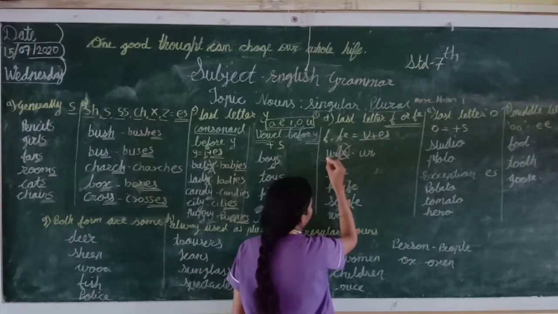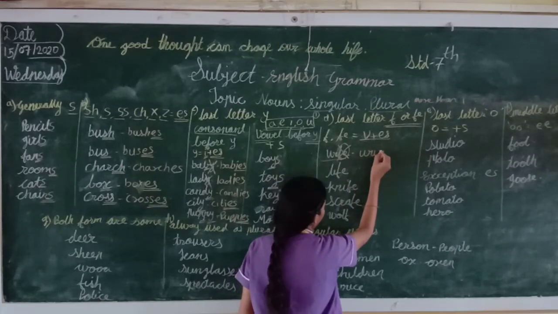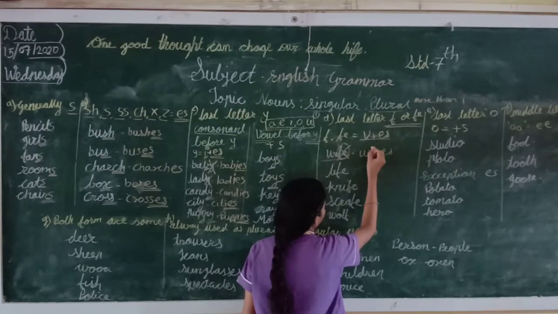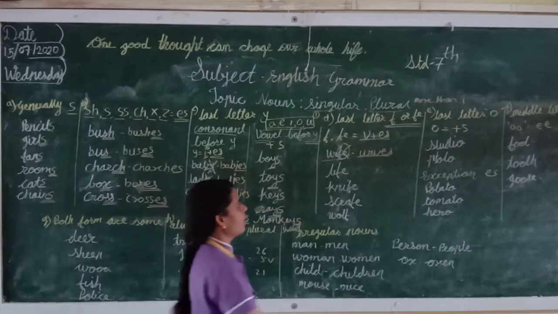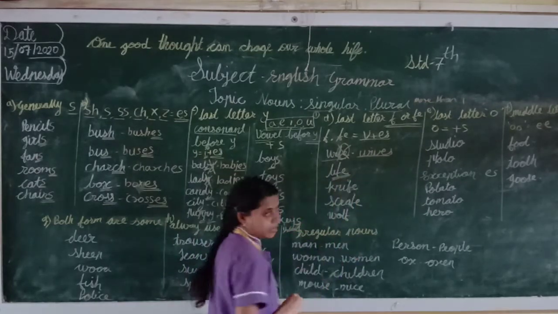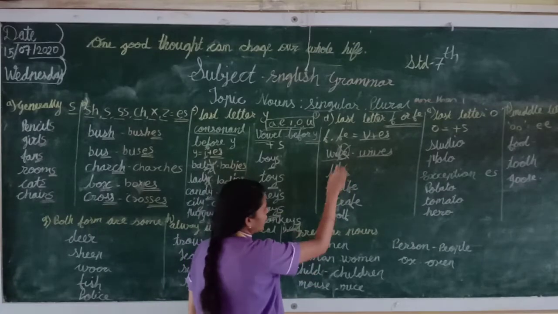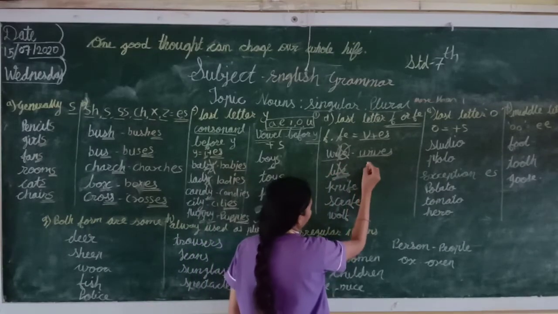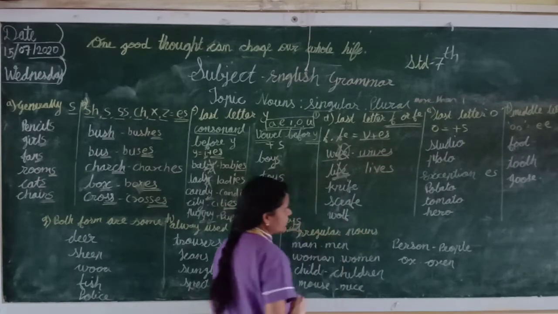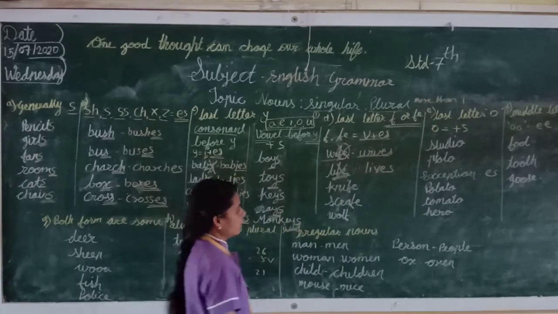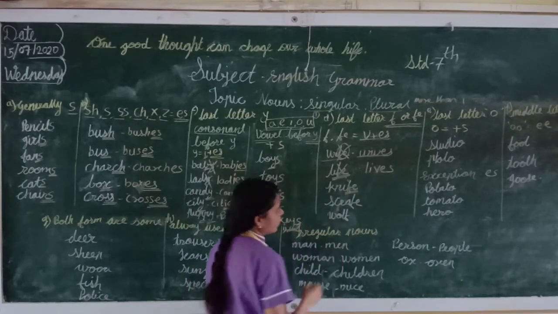Wives. Okay, wives. Okay. Now life. The last letter is fe. Okay. So remove this fe and write lives. Lives. Okay, students. Now next. Here also the last letters are fe.